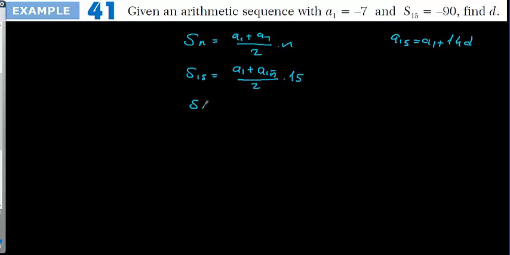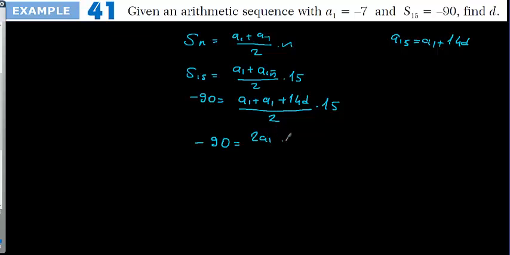Okay, S15 is equal to minus 90, sorry for writing that one. Minus 90 is equal to (A1 plus A1 plus 14D) over 2 times 15, so minus 90 is equal to (2A1 plus 14D) over 2 times 15.